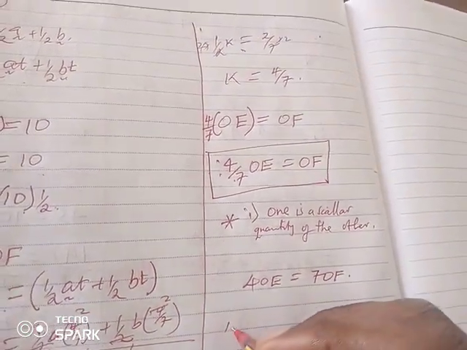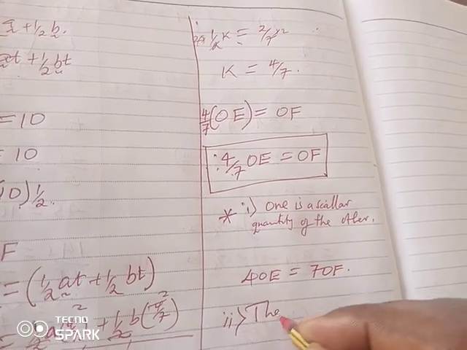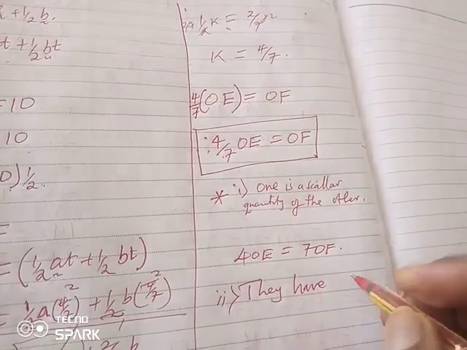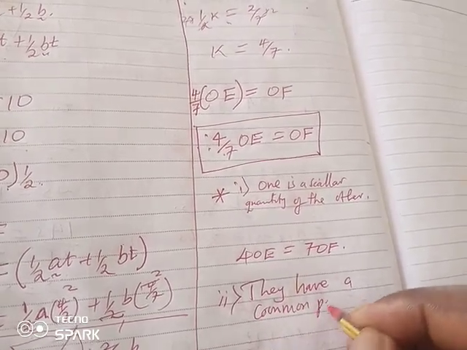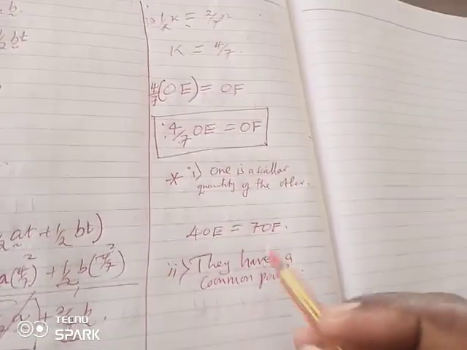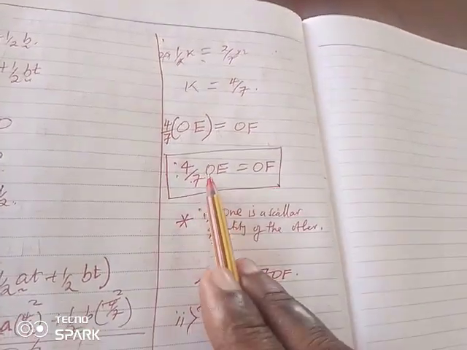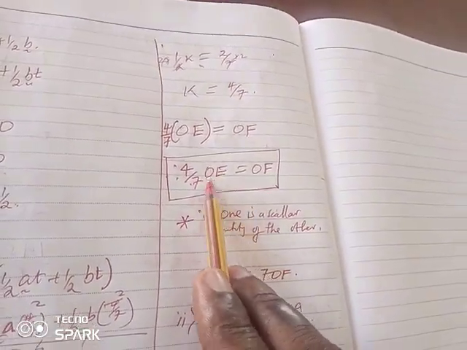And also, Roman 2, they have a common point. The common point here is O. You can see they are all sharing OE and OF.